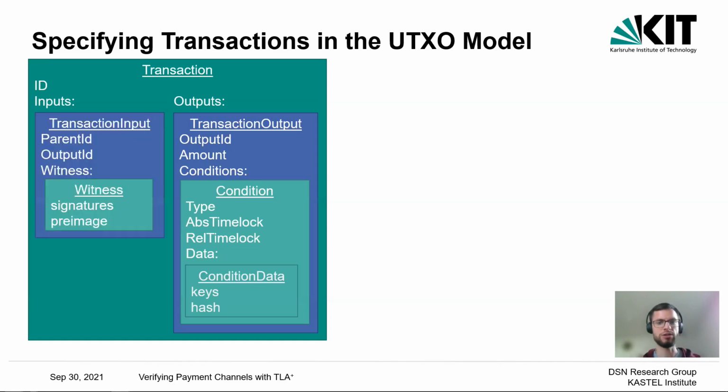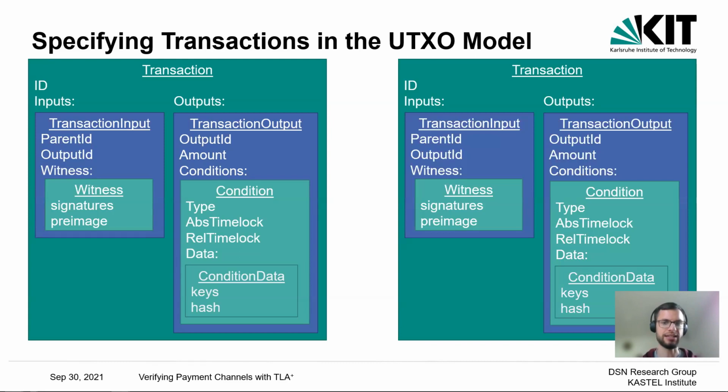Now, to see how an input is specified, we look at a second transaction that spends the first output. So an input here first references a parent transaction that the coin that is being spent is included in.